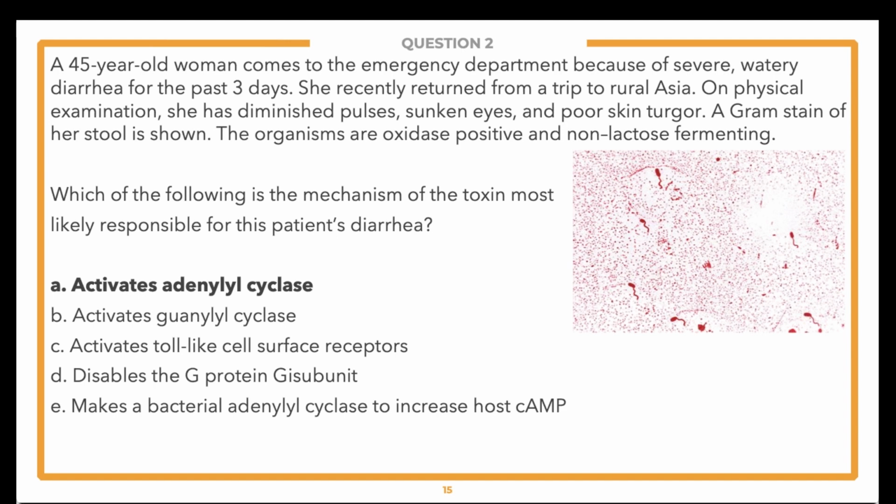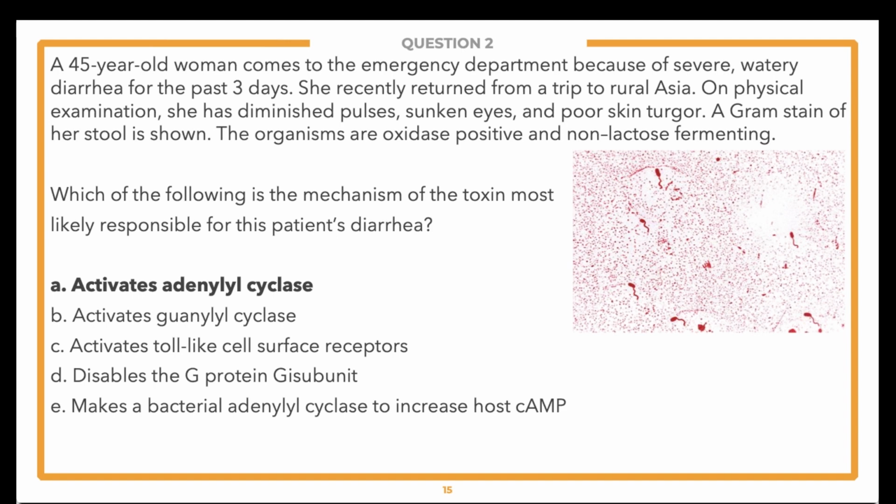Answer choice D, the pertussis toxin produced by Bordetella pertussis is what disables the G protein, the Gi subunit. Sorry, that i should be subscripted in the question, but that would cause whooping cough.